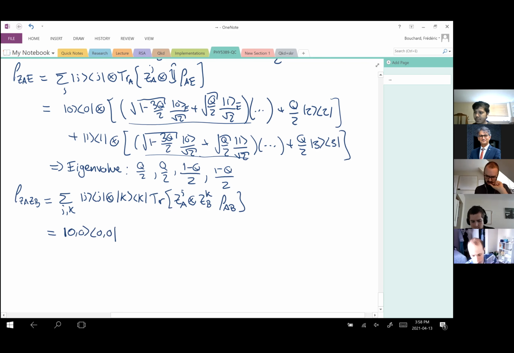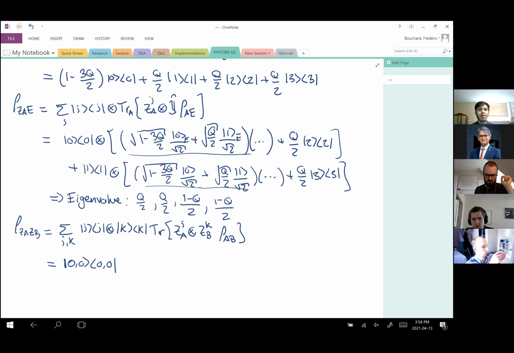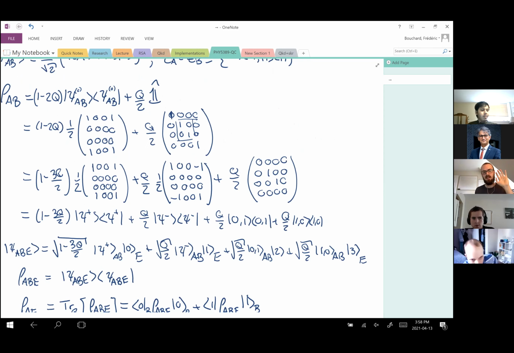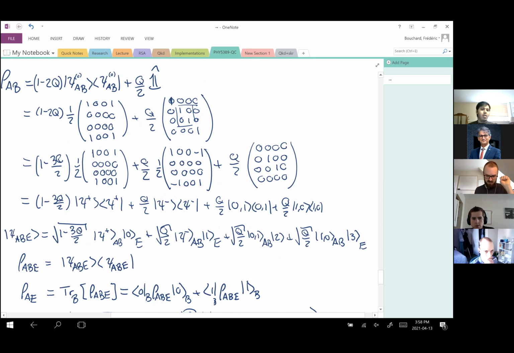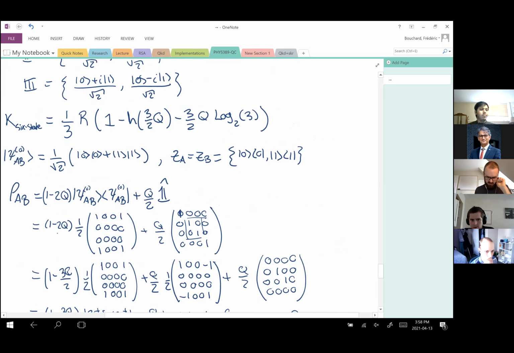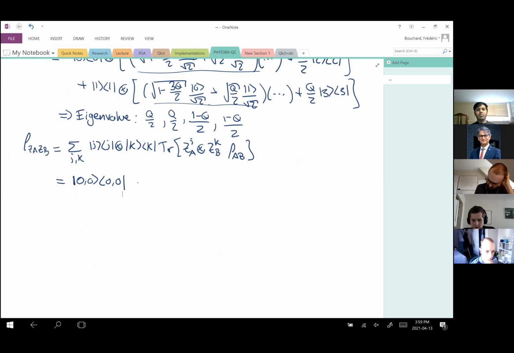One way to look at this is to go back to rho AB. If you take the state rho AB and Alice projects on 0, 0, and Bob projects on 0, 0, what state do you get? From the first line here, you get 1 minus 2Q over 2 plus Q over 2, which should be equal to 1 minus Q over 2.